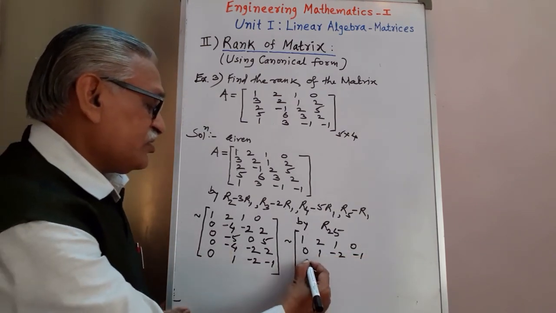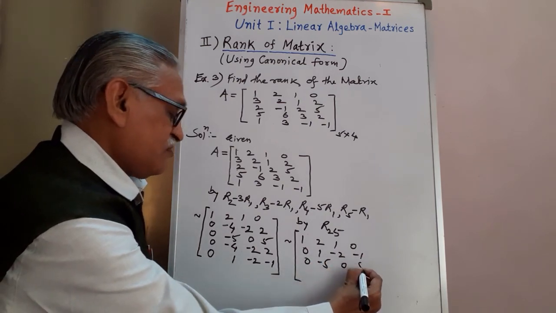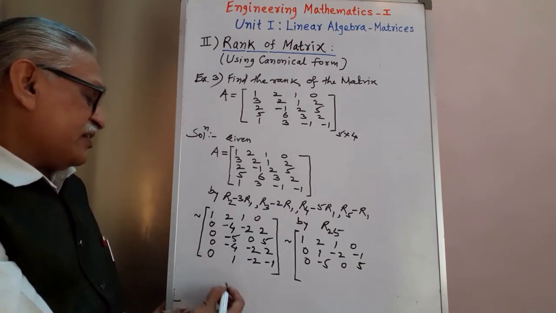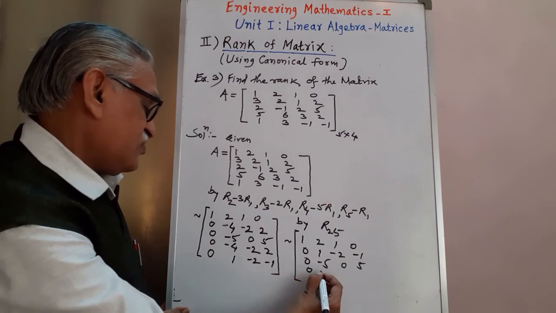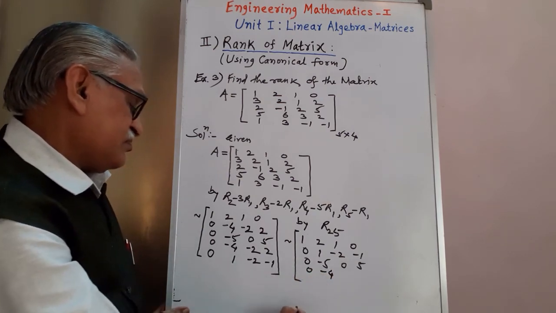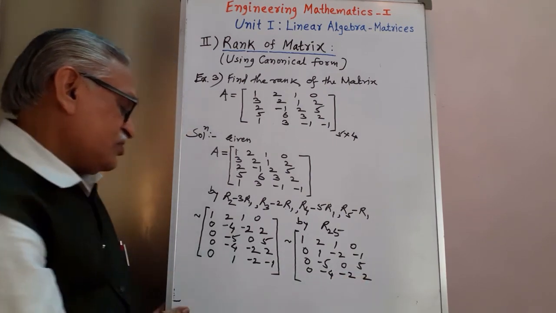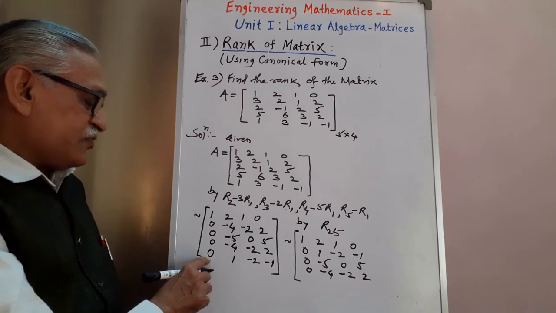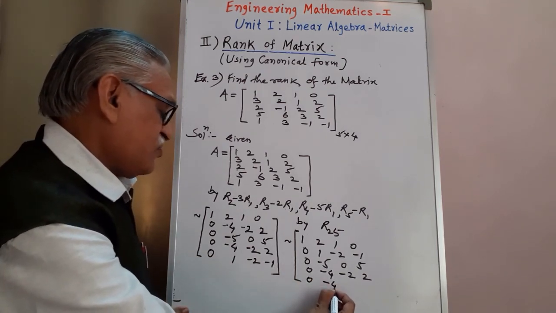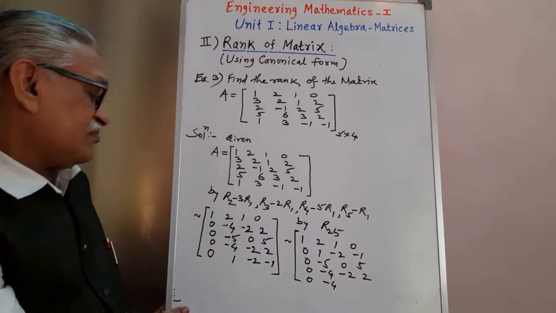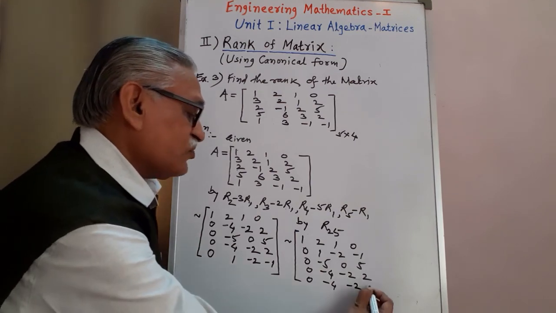Third, fourth no change, 0 minus 5 0 5. Then 0 minus 4 minus 2 2, and this we have to transfer to fifth. Therefore 0 minus 4 minus 2 and 2.